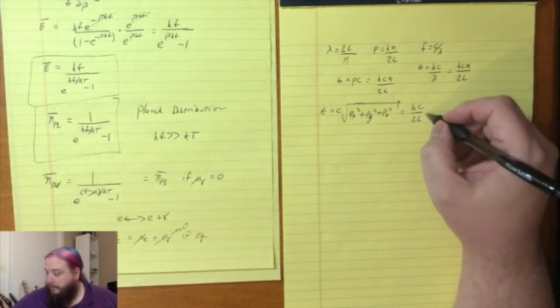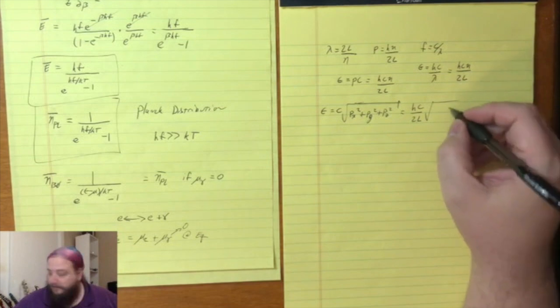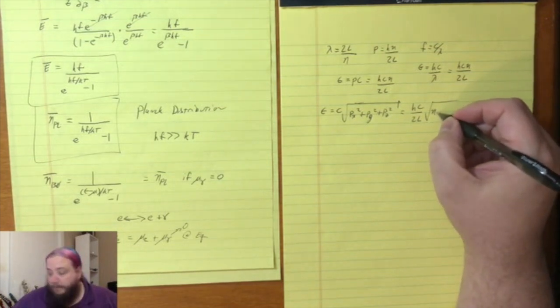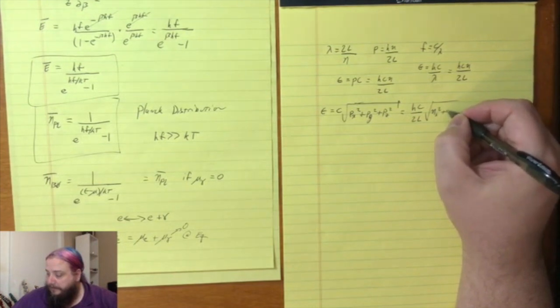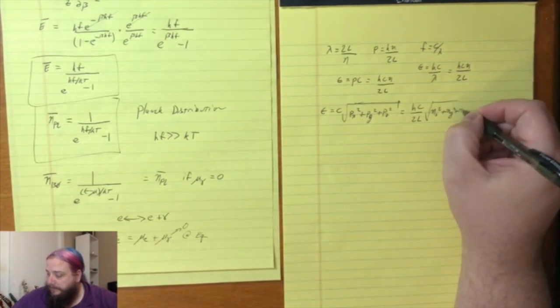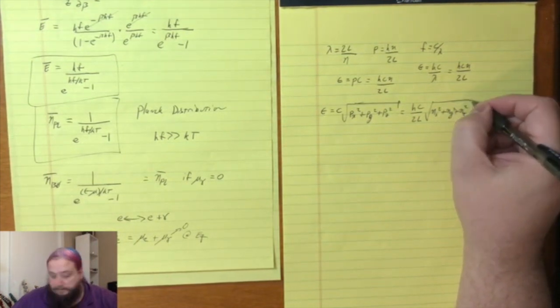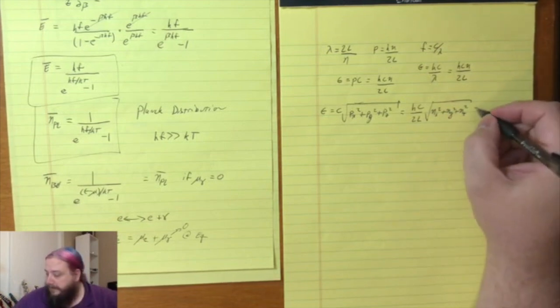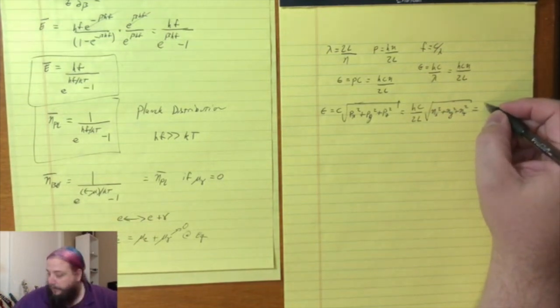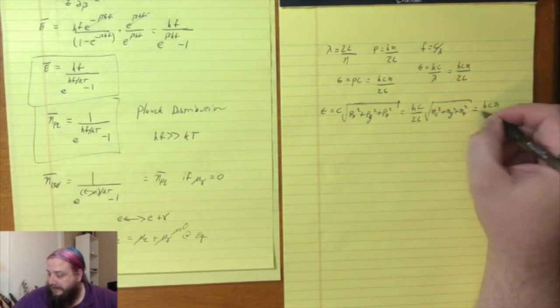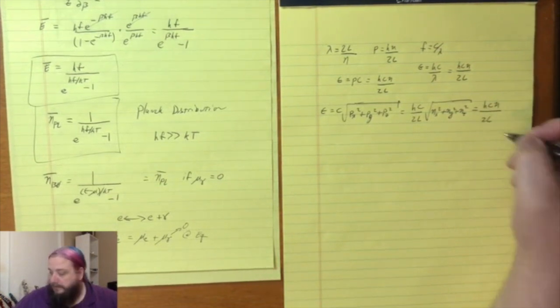We can convert those momenta into numbers for each mode, so nx squared plus ny squared plus nz squared, square root of that, and that has to again equal hcn over 2L.